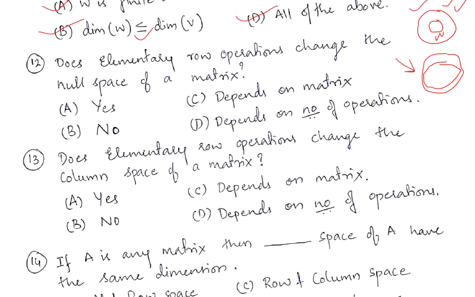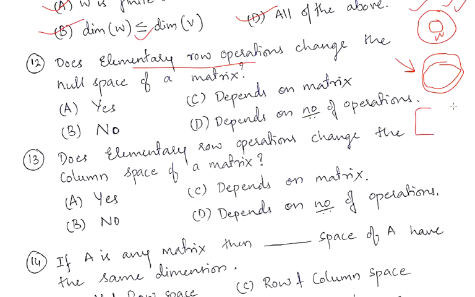Do elementary row operations change the null space of a matrix? No. See, in an elementary row operation, you take a pivot element and try to make the entries under the pivot element equal to 0. The null space is the one associated with free variables.